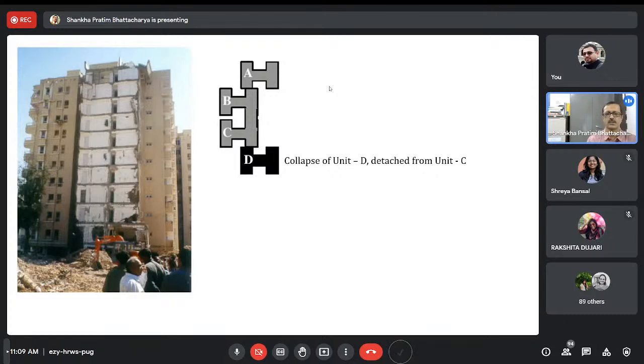This was the plan of a building in Ahmedabad, ABCD. There are 4 blocks.